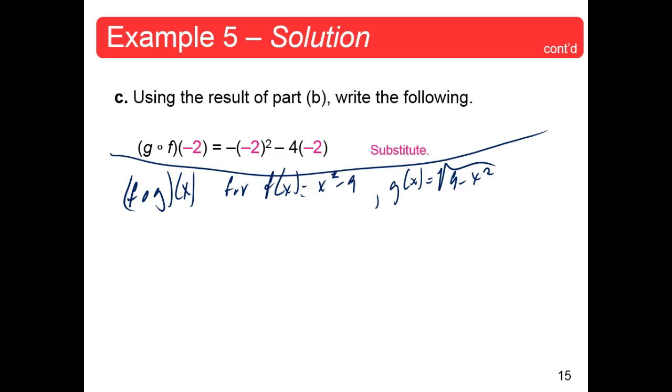And all it says is find the domain of that. We're looking for the domain of this, with the functions defined like this. So where are we going to begin?